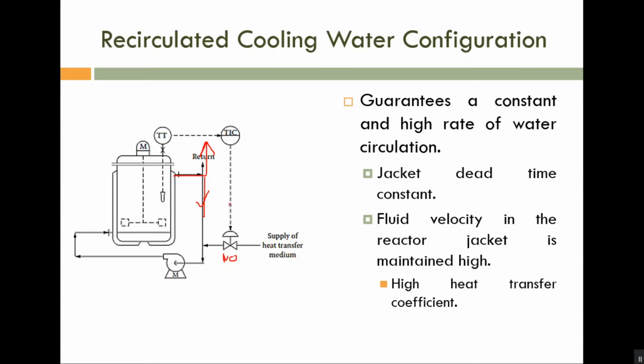After a particular stage, it will be partially open depending upon this control signal at a steady state. Otherwise, during the dynamic or transient condition, you can expect continuous change in the valve position. So we can expect almost closed condition, almost open condition. If it is almost closed by a large control signal, this flow rate will be small. This flow rate will be small, and that is a problem.